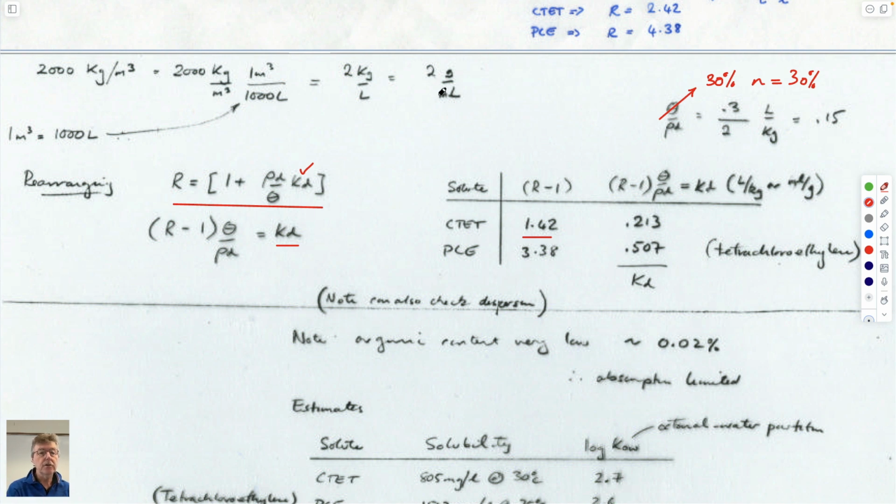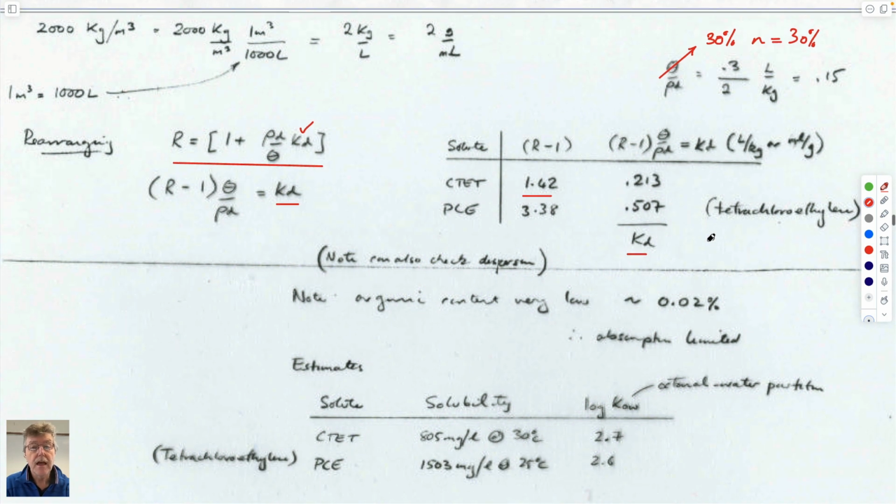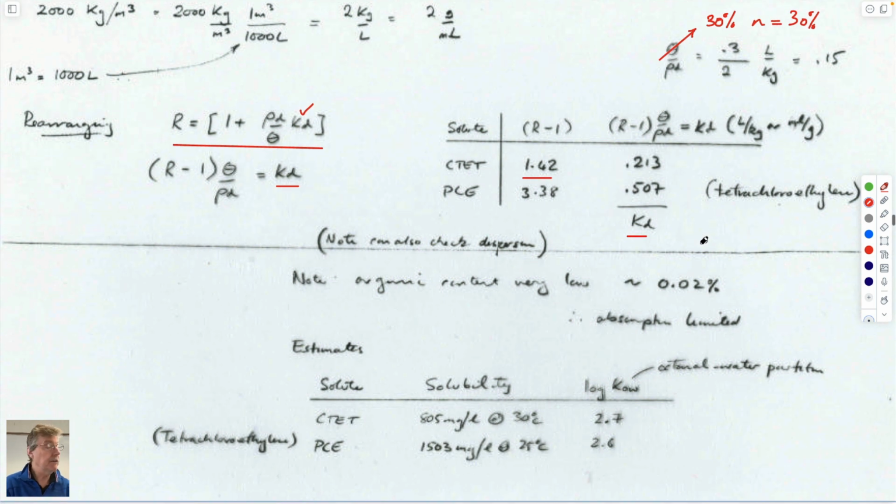If you look at the units of this term, it's kilograms per liter or grams per milliliter, however you want to put it. And if you do this, you end up with a value of distribution coefficient, which is in liters per kilogram. And we don't have anything else to do with that yet.